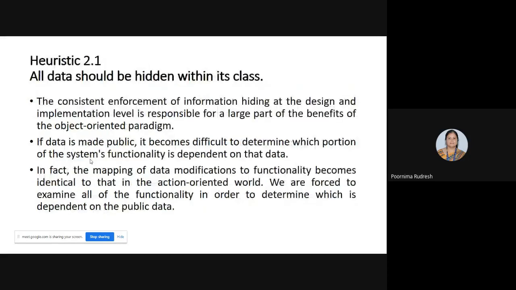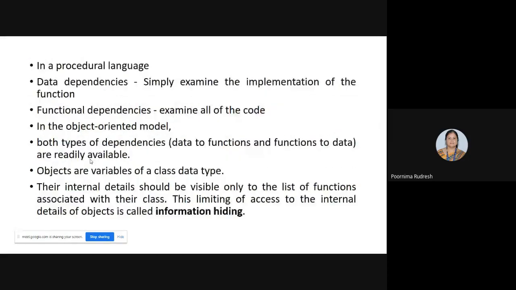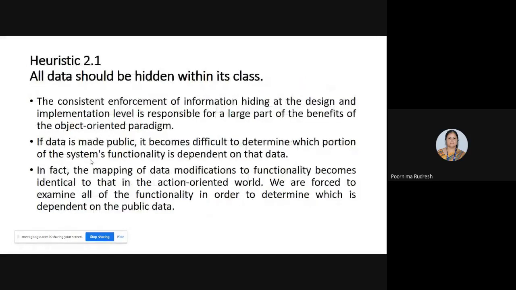When we talk about information hiding, it is hiding the information or implementation details of the objects, and that leads to the heuristic called heuristic 2.1. That heuristic says that all data should be hidden within its class. So, what is heuristic 2.1? All data should be hidden within its class.